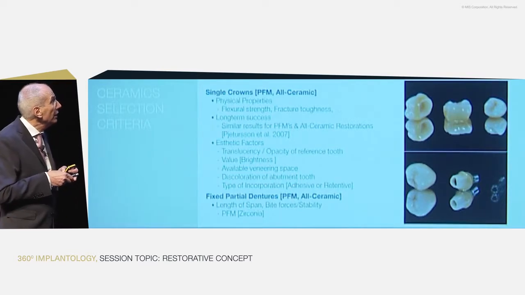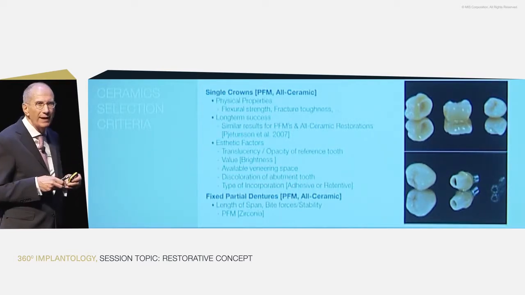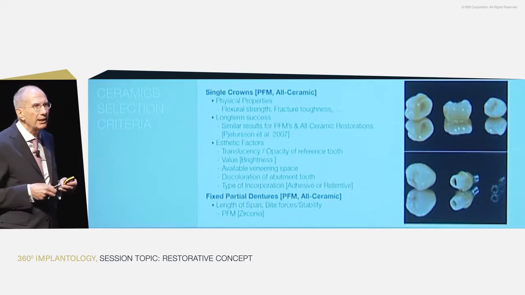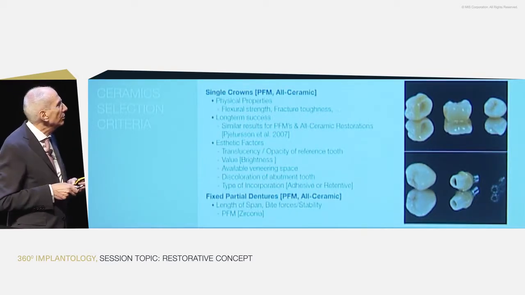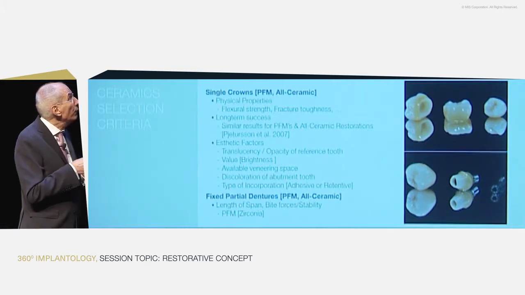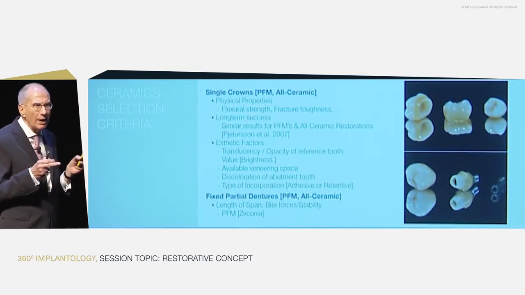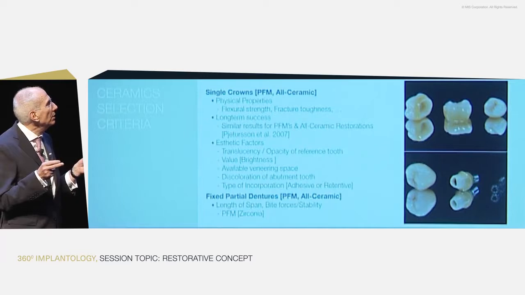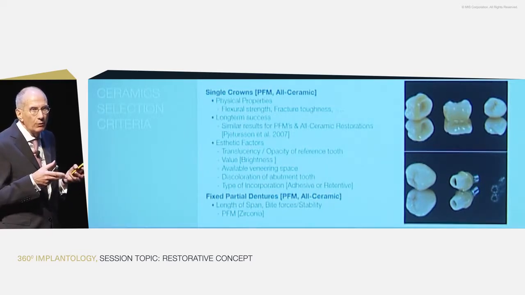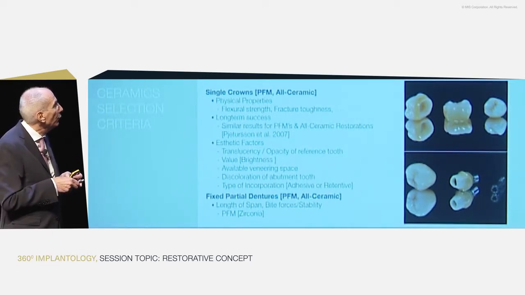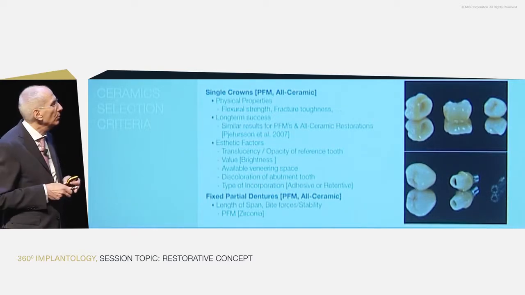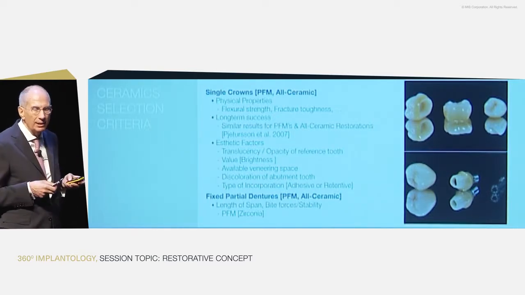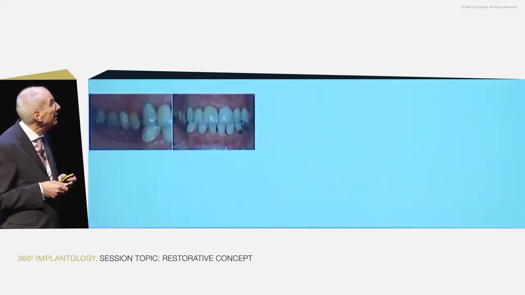And if we have the aesthetic factors, it's even more complicated because then the single case is deciding more and more. So for single crowns, we can use today whatever we like, where we are best off, but for fixed long-span solutions, PFM is still the solution of choice because of stability.